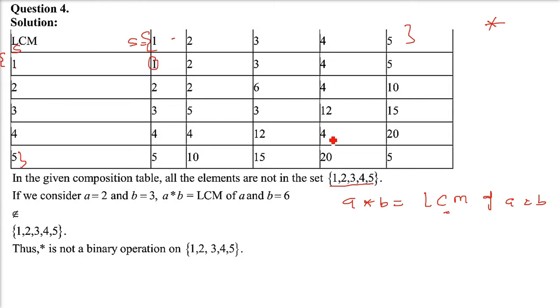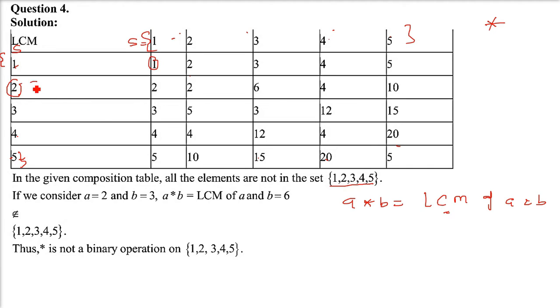For example, 1 and 1. What is the LCM of 1 and 1? 1. So let us take a proper example here, and then you'll see how the values are coming. LCM is not always the multiplication. Mainly here it is shown as the multiplication.